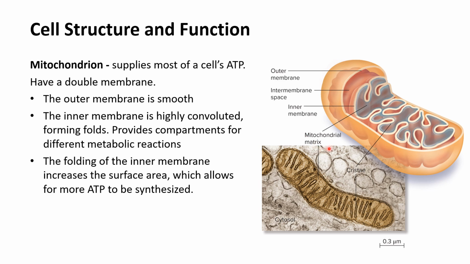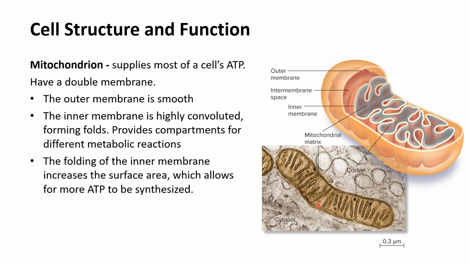And so we can see there are two interesting parts. If we look at this, this is another scanning electron micrograph of actually looking inside the cell. And we can see the brown colored organelle here is the mitochondrion. Outside, the lighter colored area is the cytosol, which is like the cytoplasm and the cytoskeletal matrix and things like that.